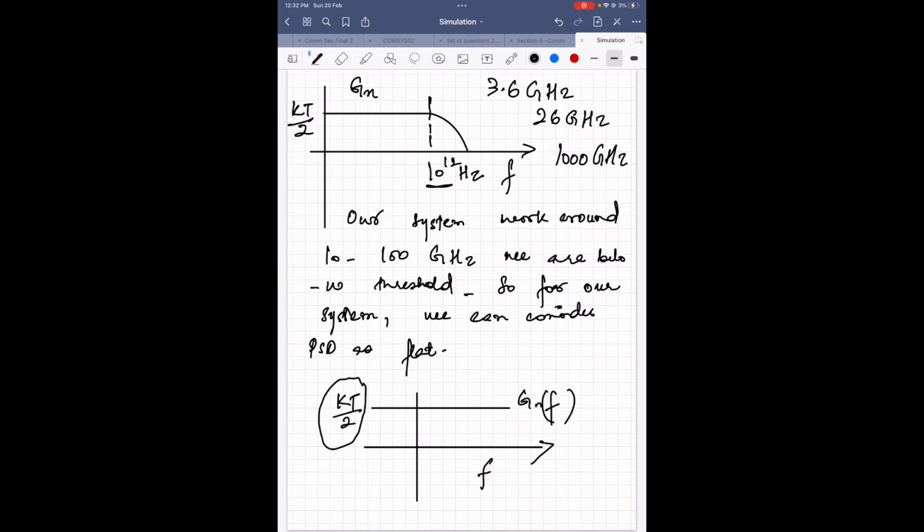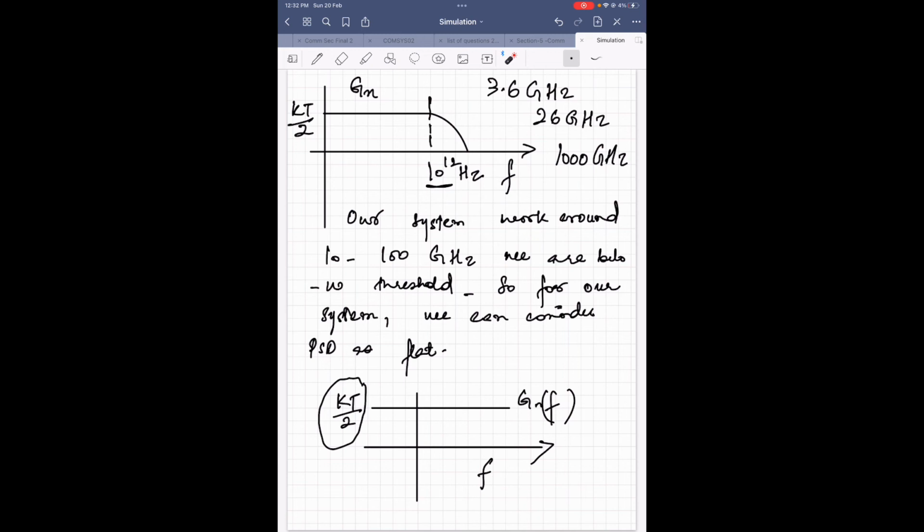But our communication systems, let's say 5G, work around 3.6 gigahertz, and in future, 5G will work around 26 gigahertz. So we are very far from this threshold. So we can approximate that the power spectral density of noise for our communication channel is flat.